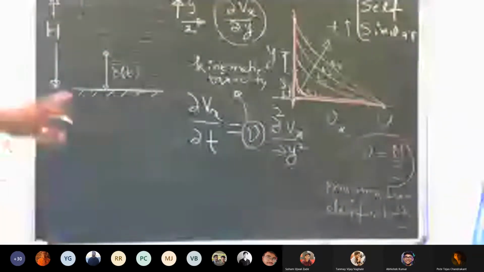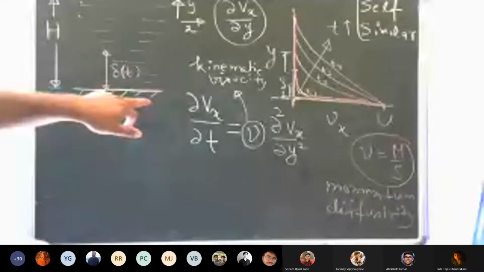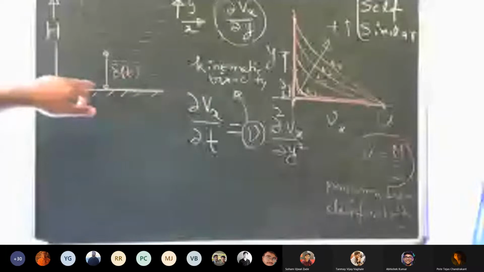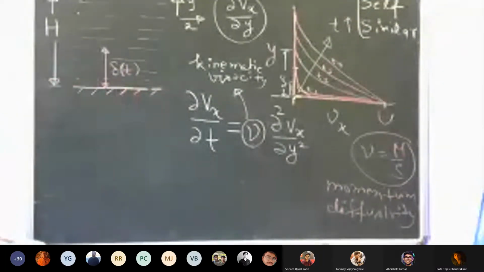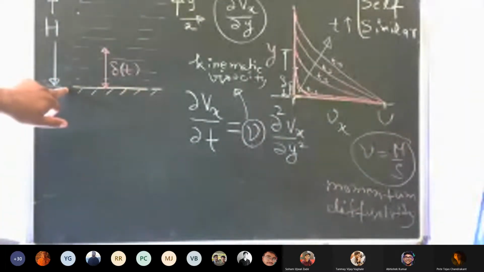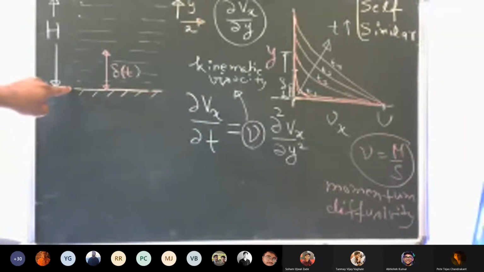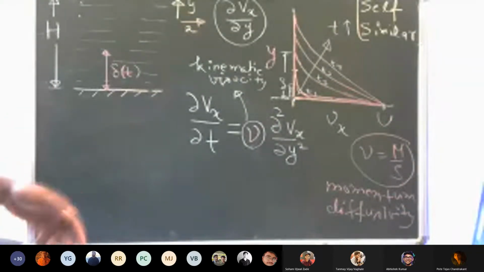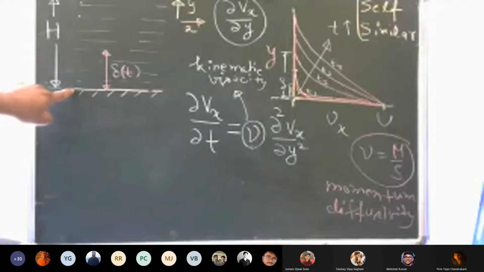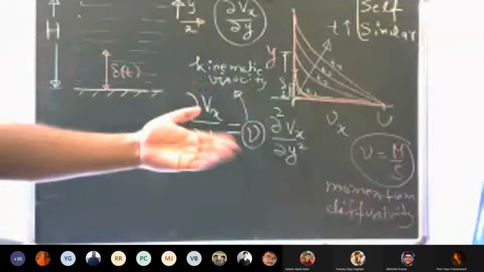No slip means the molecules of the wall get attached with this fluid layer very close to it, and it tries to drag it along, so that whatever the plate velocity is, the same velocity will be had by the layer situated very close to y equal to 0. That is called no slip condition. It means there is no slip between the solid flat plate and the fluid layer adjacent to it.